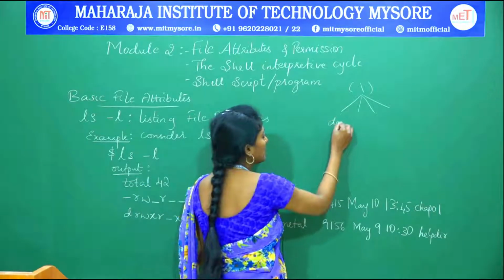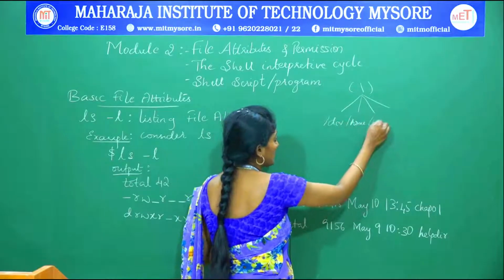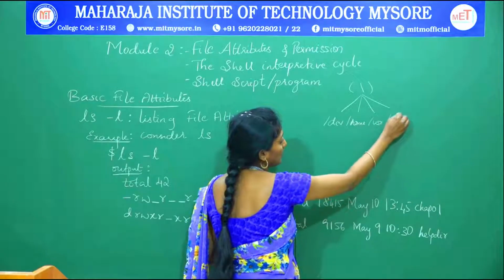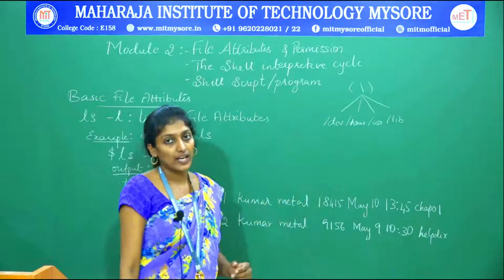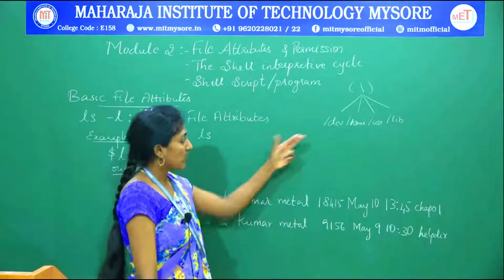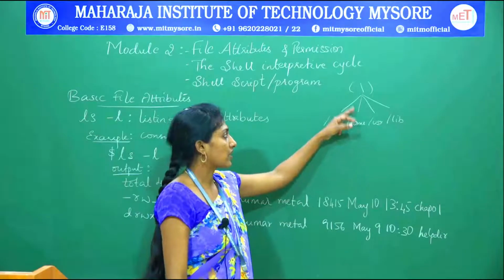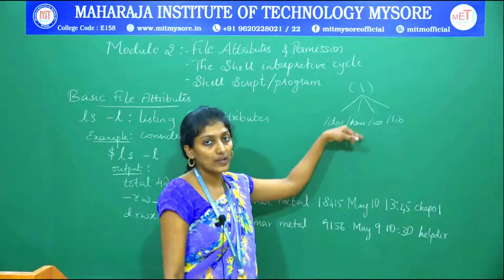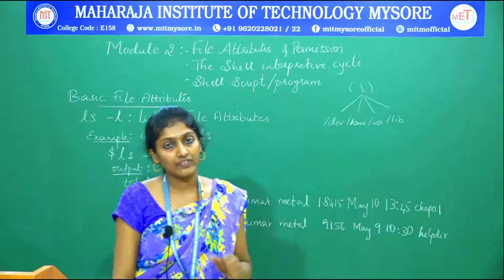It might be a device file, a home directory, a user file, or a library file. All your files are stored under this root directory in a hierarchical tree structure. We represent this kind of relationship, in which files are associated to one another, as a parent-child relationship. This is what we have understood.